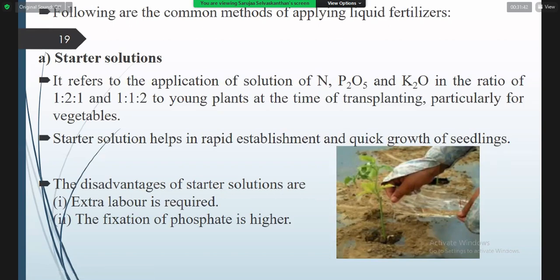And K2O also. Why? Like nitrogen, like that we also mention P and K. That's enough, no? Why do we mention P2O5, K2O? Sorry, sir. It's difficult.